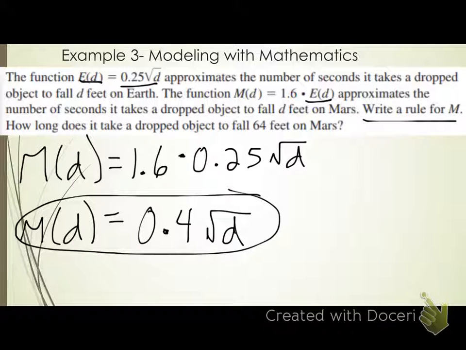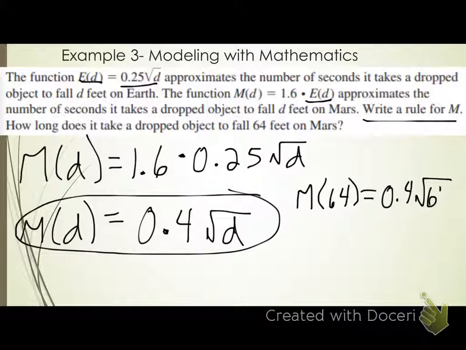Now it's given me a number instead of d. It's giving me 64. So I'm going to find m of 64 by plugging in 64 for d. Did everyone see that? So 0.4 times the square root of 64.